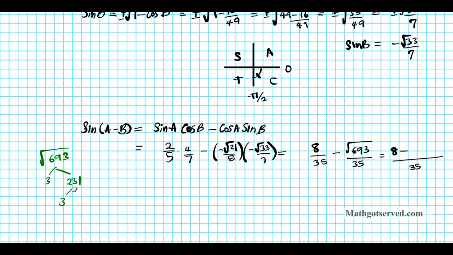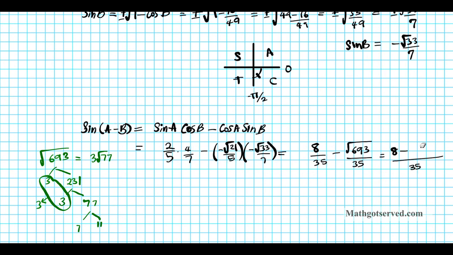Since 3 goes into 6, 3 goes into 21, 7 times, and then 21 another 7. 77 can be broken down into 7 times 11. All right, so these two repeat themselves, so we can break out a 3. And the simplified form of root 693 is 3 root 77, because these two stay behind.